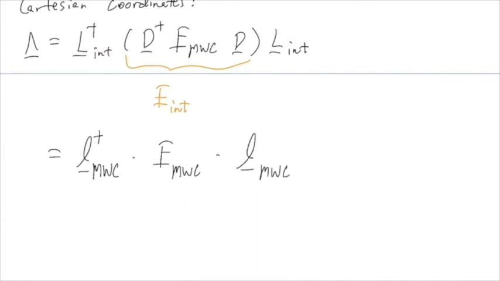Because if you look at this term times the middle term, the mass weighted coordinate Hessian, times another term, this is again in the diagonalization form, right? You're diagonalizing the mass weighted coordinate Hessian with the mass weighted coordinate eigenvectors.